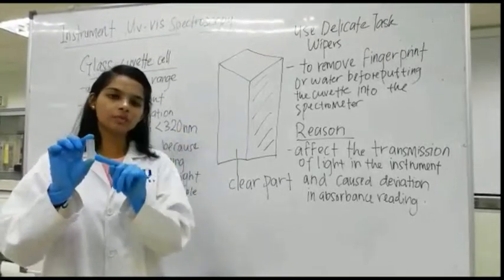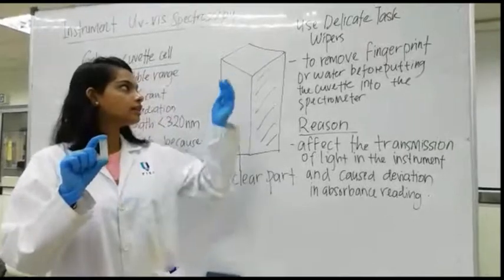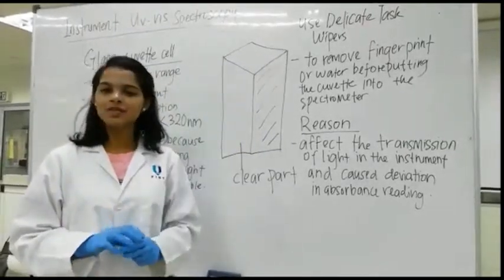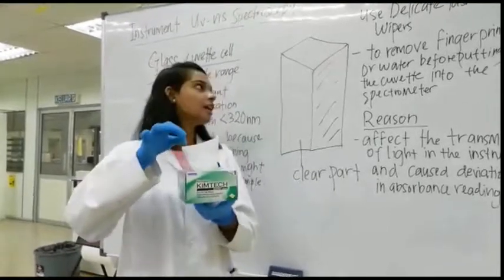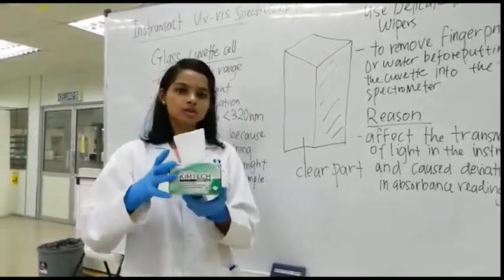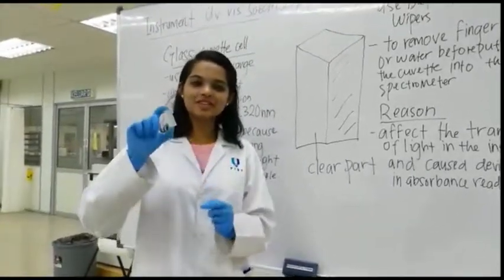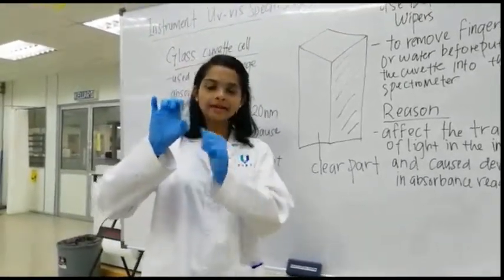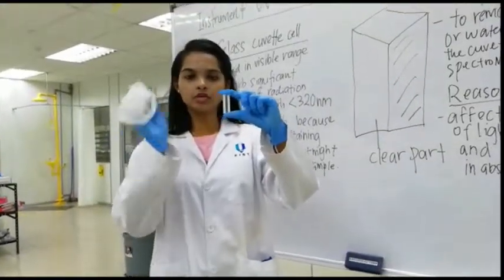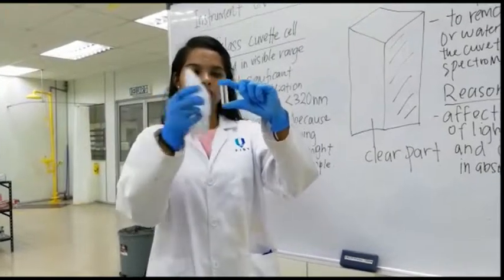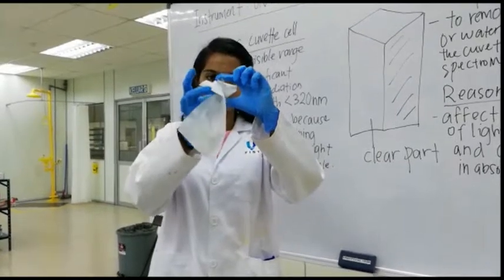So now we're going to move to the sample. After we fill up this cuvette cell with sample, we have to wipe it with delicate task wipers, which is this box. It contains wipers which we use to wipe the clear part with both fingers.